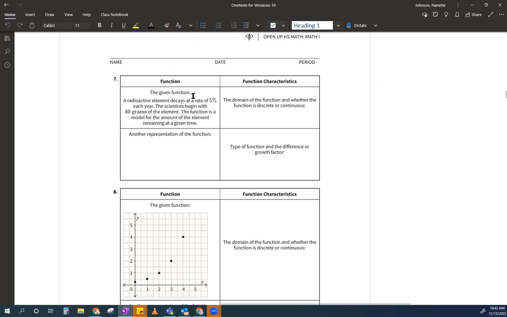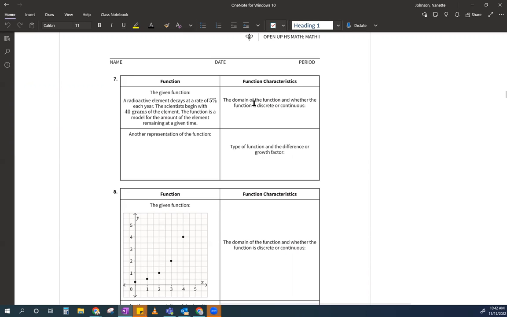This reminds me of, because it's 40 grams of something, you can have different parts of the gram. You can have half grams, 2.2 grams, you can have all of those different pieces. So for me, this is continuous.